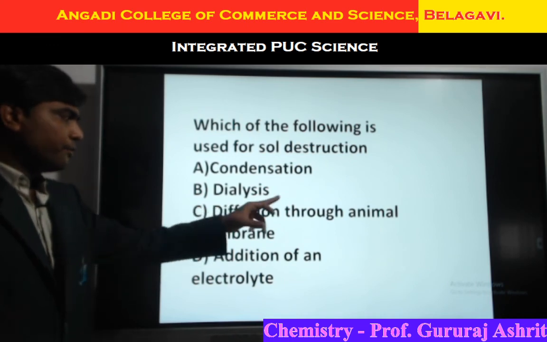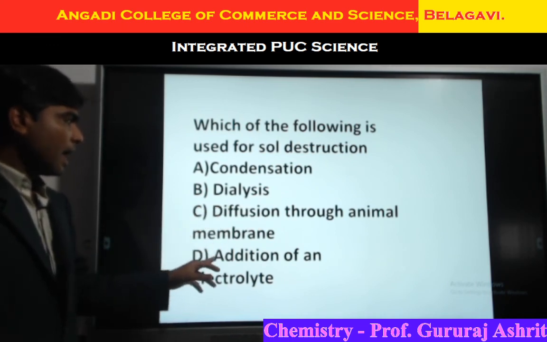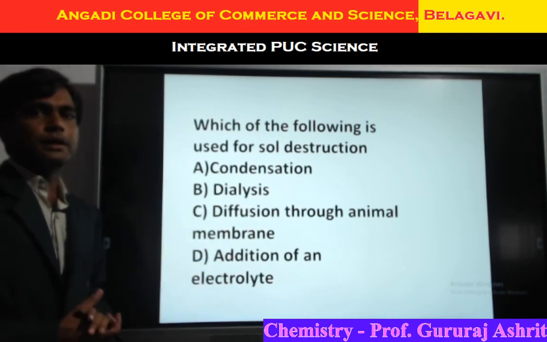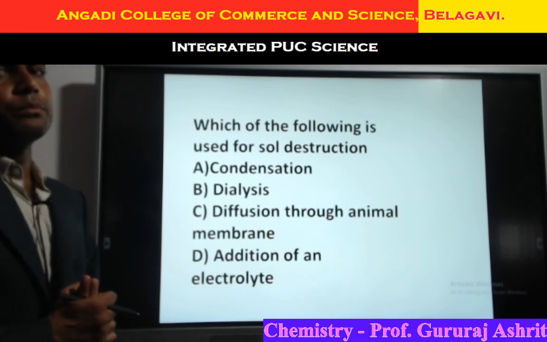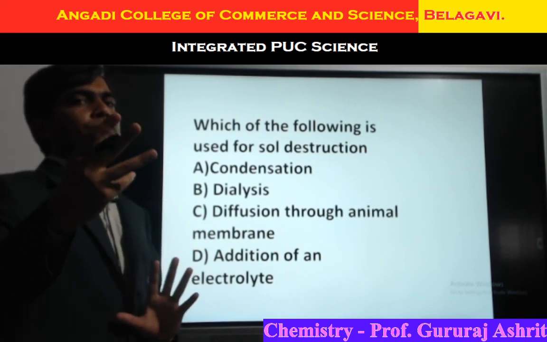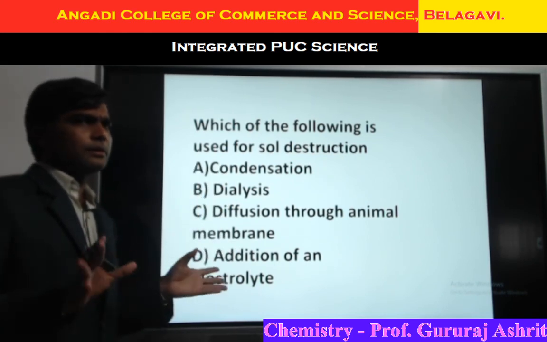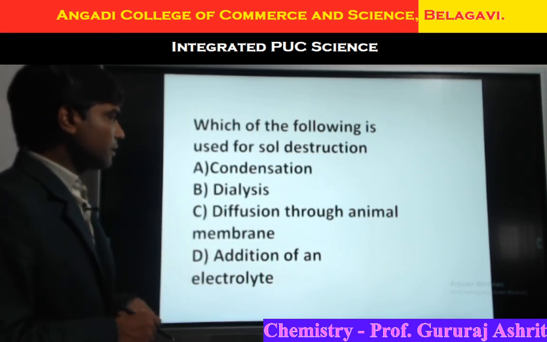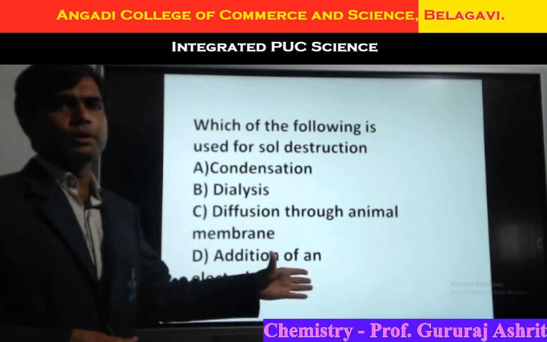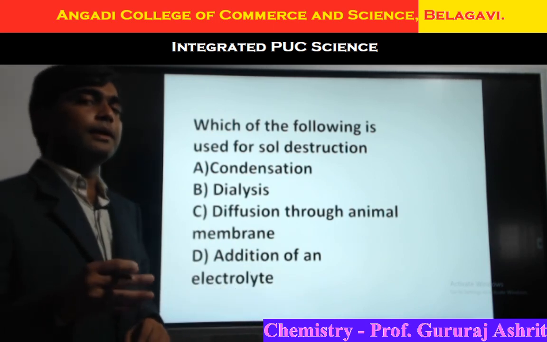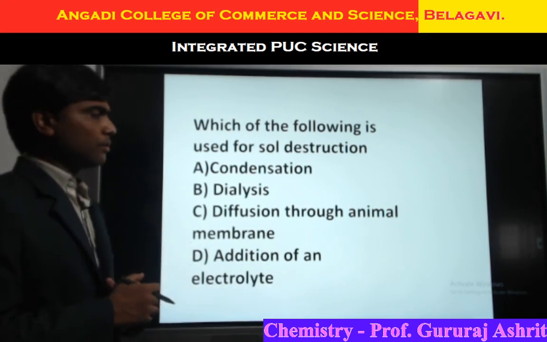Dialysis, diffusion through animal membrane, addition of electrolyte, and condensation. Condensation means what? Removing of the water molecules. So if you remove the water from the colloid, it is not destructive. Dialysis, I previously told you, is a technique for the purification of colloids.